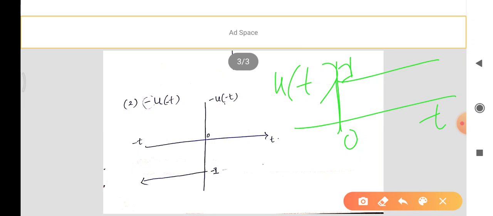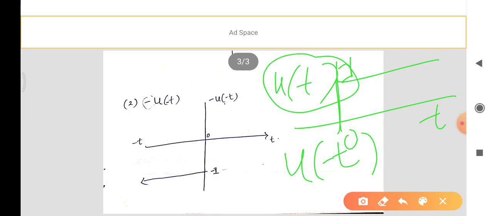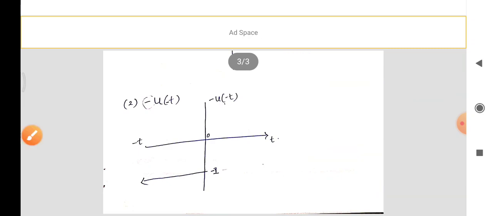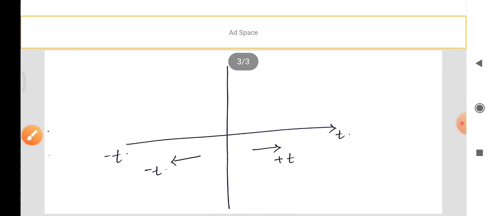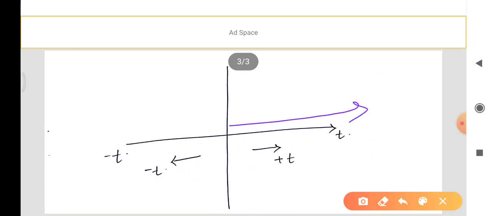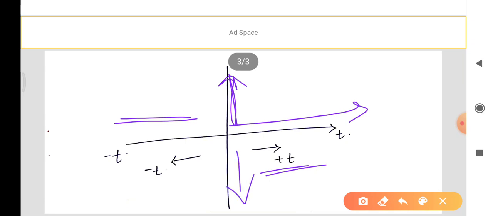Suppose you ask us to shift, that is u of minus t. What we need to calculate is minus t. What is a minus t? For that, just observe this graph, which indicates this part is plus t, this part is minus t, and whatever you are seeing on the y-axis of positive magnitude, this is negative magnitude.